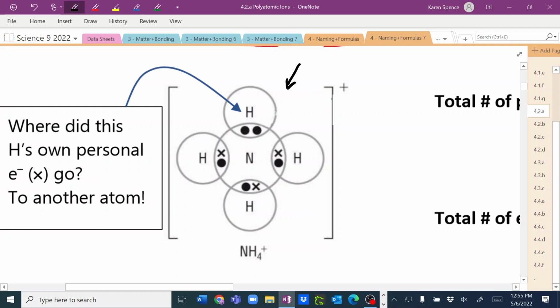How many electrons? There are 8 electrons. So somewhere or other, one of the electrons has gone missing. It's gone somewhere else. Perhaps it's gone to a chlorine atom that needs an electron to fill its shell. Okay? And that's why we have a plus charge there.